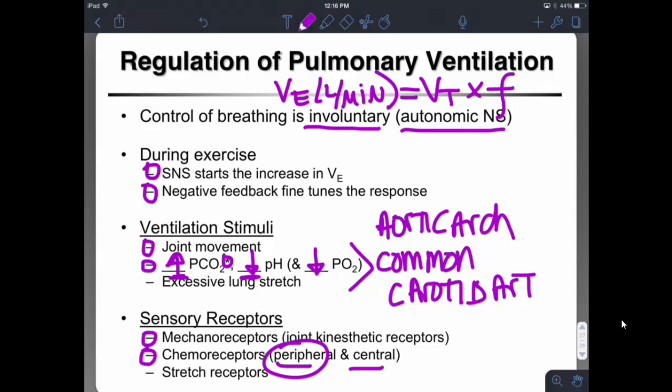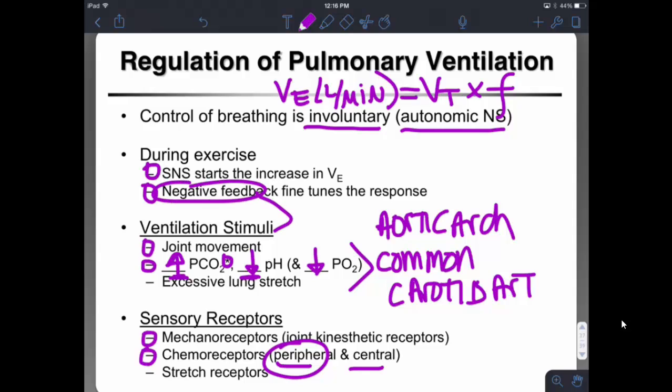However, and the reason that I have this in parentheses is that PO2 rarely drops enough to have an effect, and we've talked about that, how the body is very good at resaturating our hemoglobin and keeping our PO2 levels on the arterial side fairly constant. So this is not going to happen very often, and probably not ever during exercise, because it's a very rare occurrence.